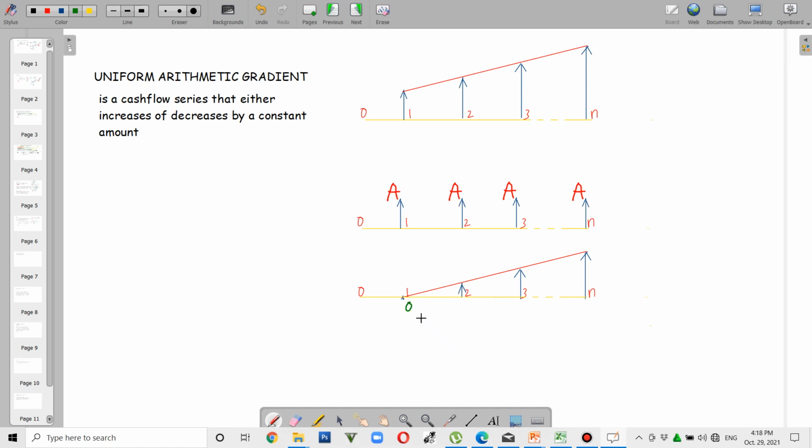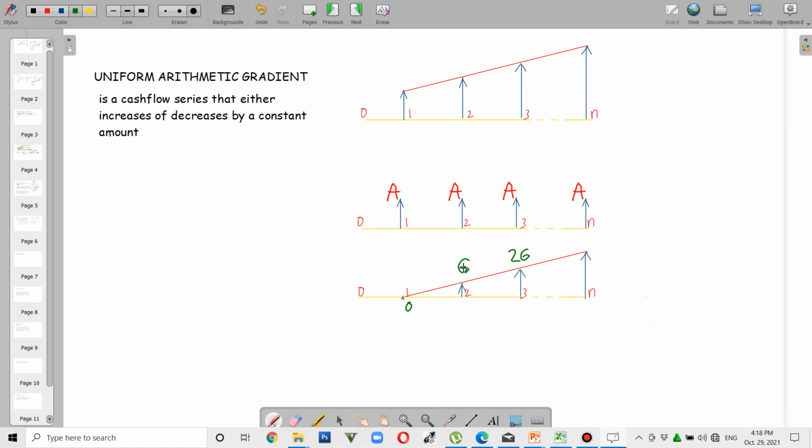So ito na ang magiging zero niya. From that, magkakaroon ng G in the second period, 2G sa third period, and 3G for the fourth period until N.